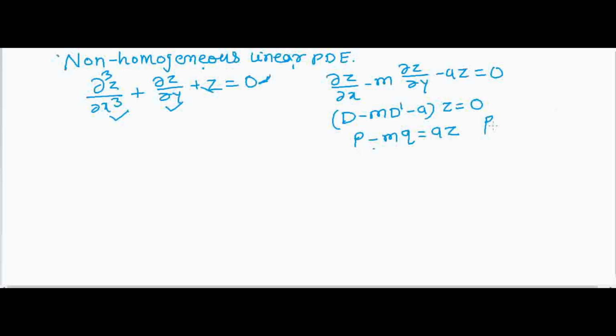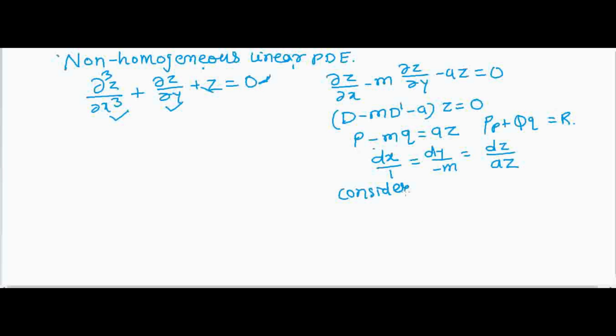If we compare this with Lagrange's equation Pp + Qq = R, then we know the auxiliary equations are dx/1 = dy/(−m) = dz/(az). Now consider the first pair.